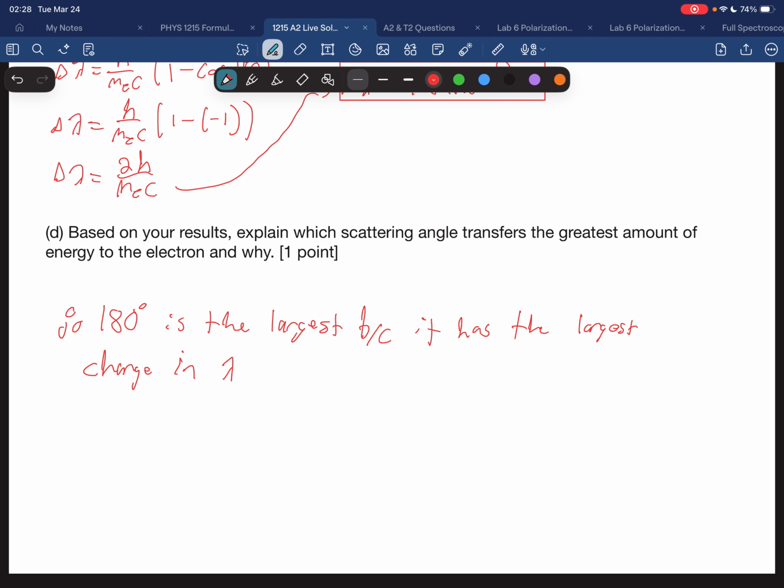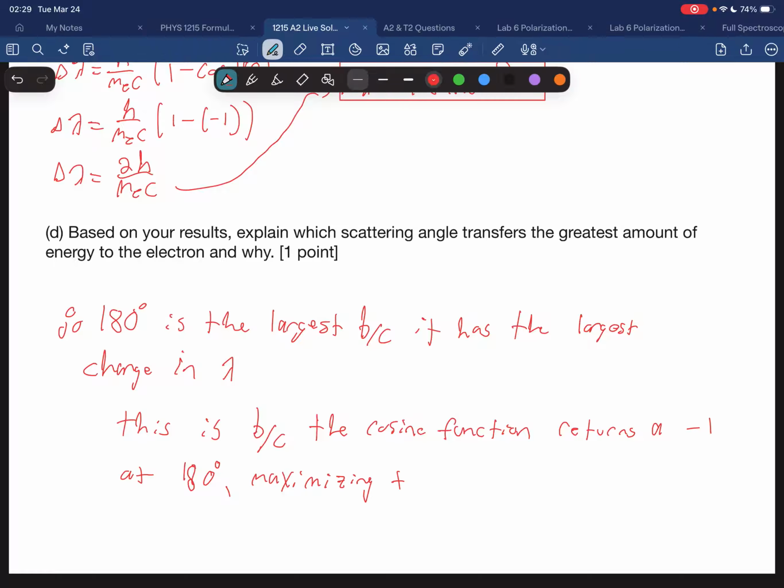This is because the cosine function returns a negative 1 at 180 degrees, maximizing the 1 minus cosine of phi in the formula.